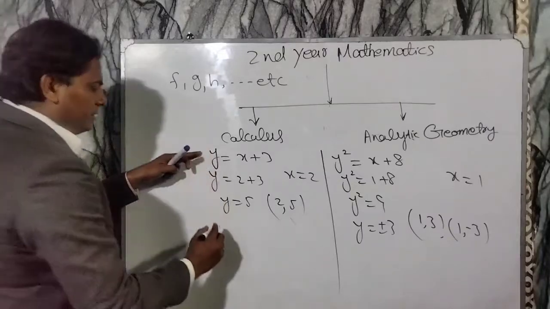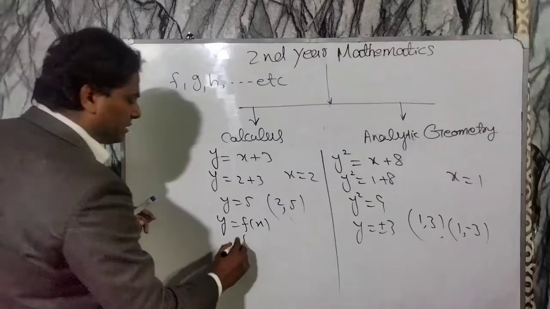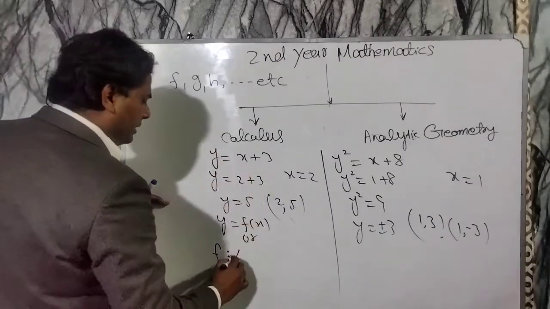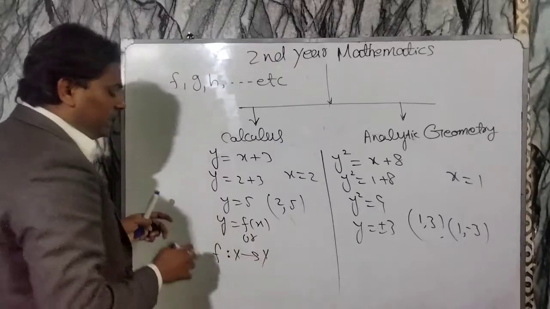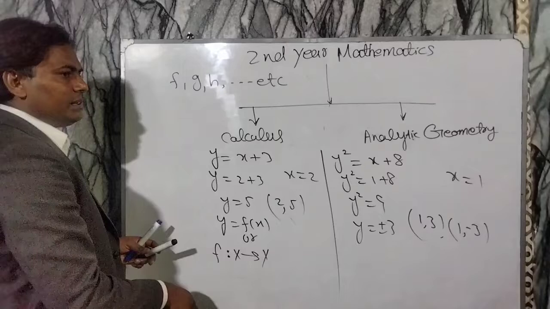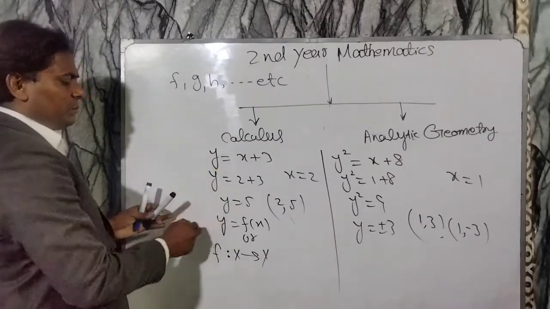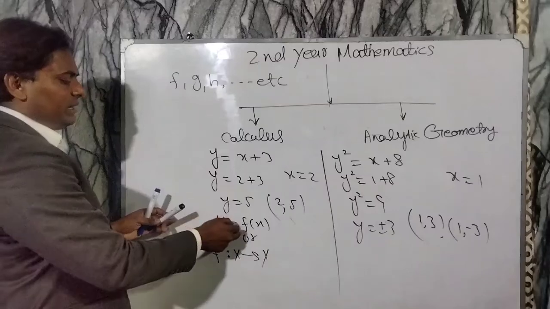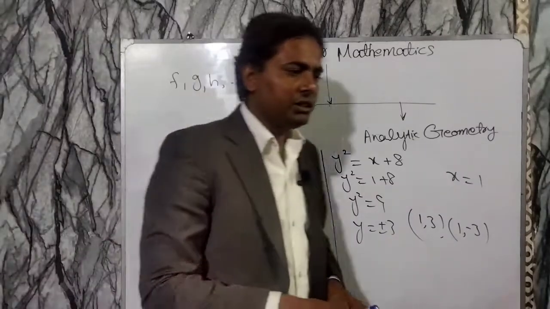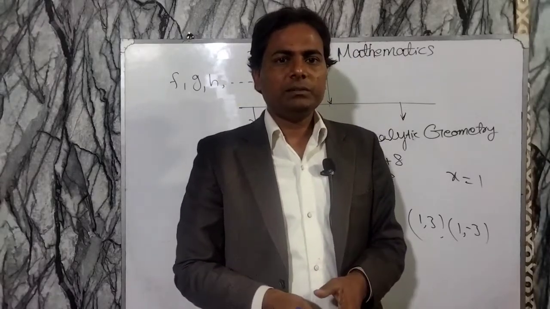We can write y is a function of x, or you can say this is a function from x to y. It means we are giving the value of x, then we get the value of y. That's why this is a function from x to y. So here y depends on x, we can say y is a function of x. Now this is a function. I hope you got it very well.